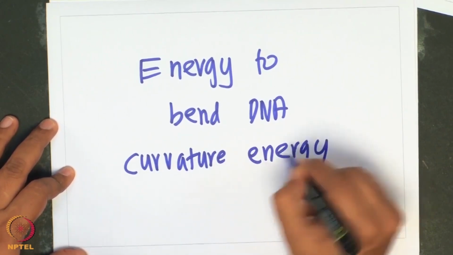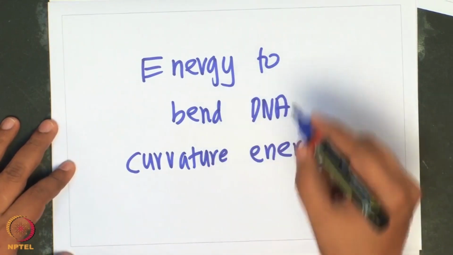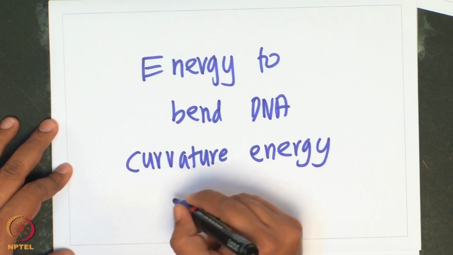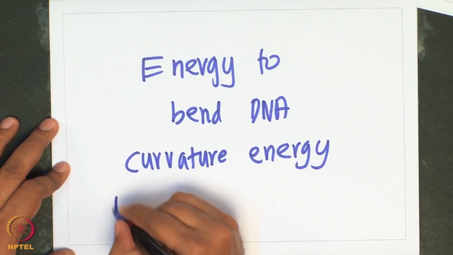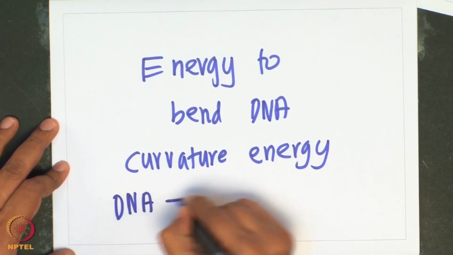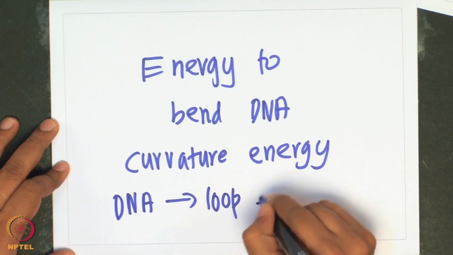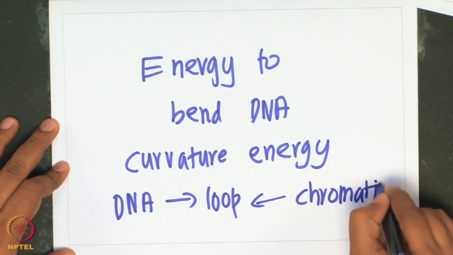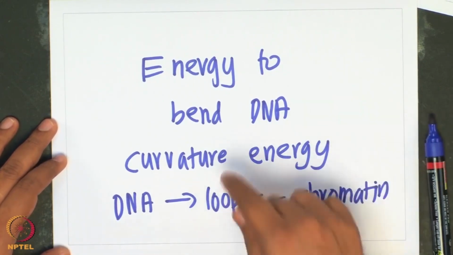How much energy must a protein be spending to curve a DNA? It is well known that DNA forms loops, and when the DNA is coiled into chromatin, the DNA is looped. And in many processes in biology, DNA has to loop, right? So you would know that chromatin is DNA packaged, and that involves the looping of DNA, the curving of DNA.